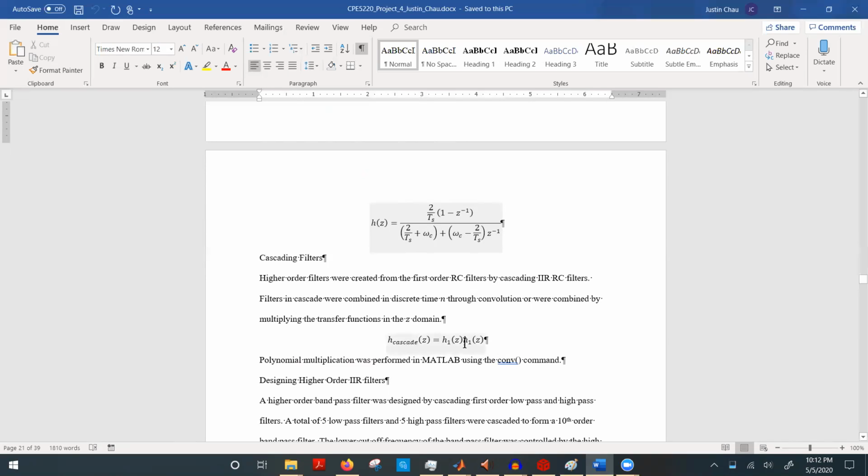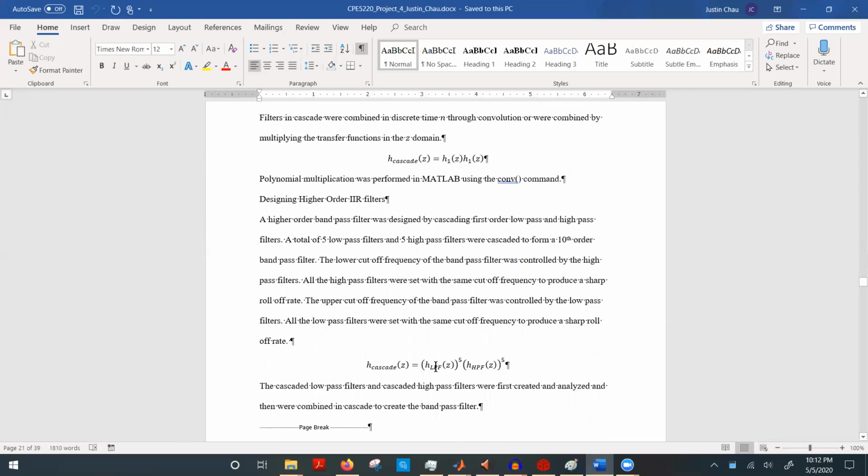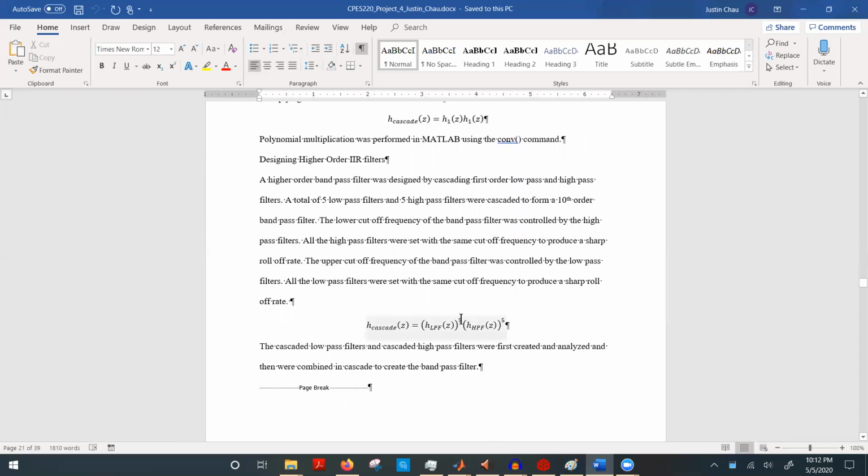So I only have to generate the coefficients for the first order, and then I do repeated convolutions to multiply them by themselves to get the higher order filters. With that in mind, it's not 5. I originally thought it was 5, but I only need to cascade 4 filters on top of each other.